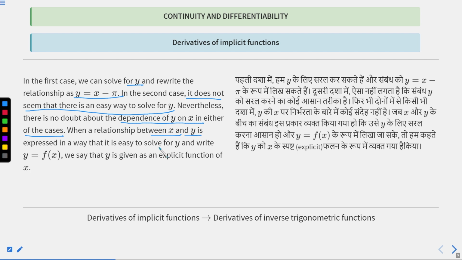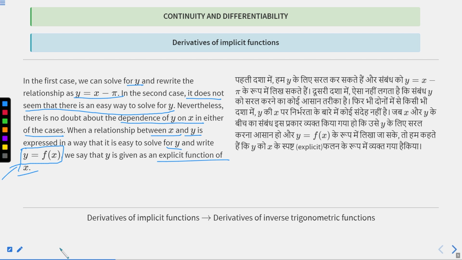When a relationship between x and y is expressed in a way that it is easy to solve for y and write y is equal to f of x, we say that y is given as an explicit function of x. Simple.